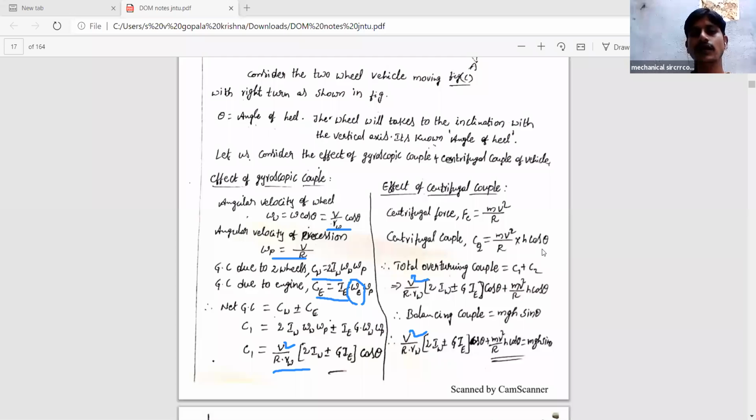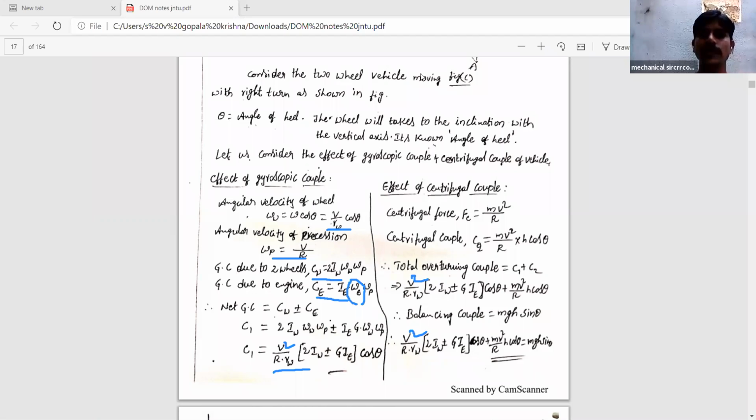So that amendment multiplies the gyroscopic couple with cos theta, the centrifugal couple with cos theta, and the balancing couple with sin theta, mgh sin theta. When we write the balancing couple, we simply equate the total overturning equation and the balancing couple value.